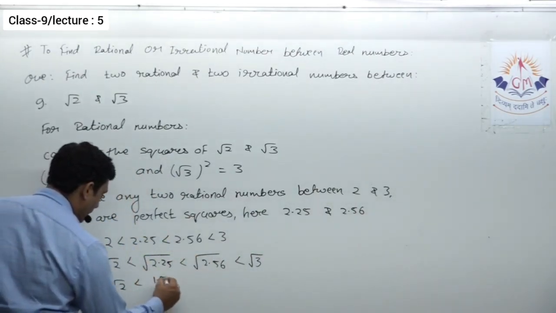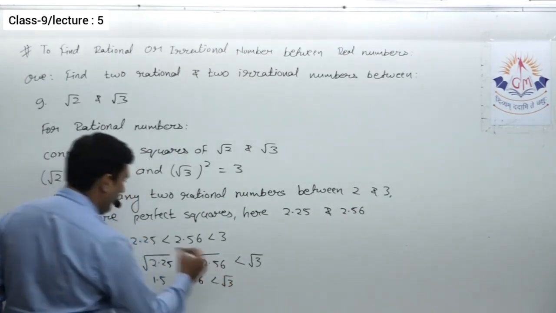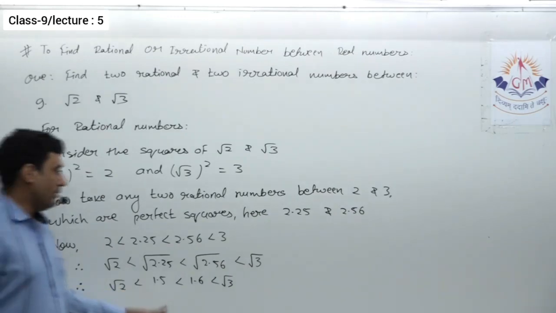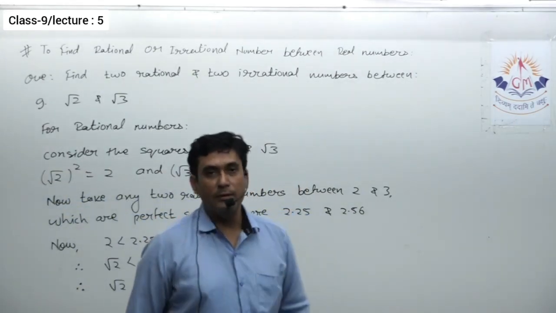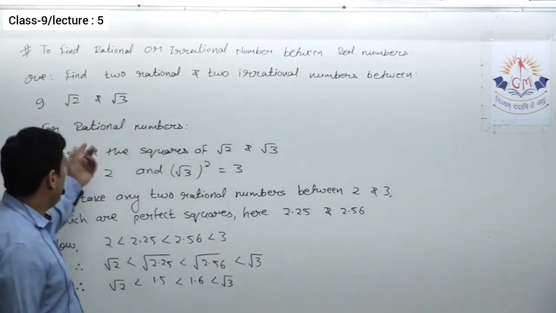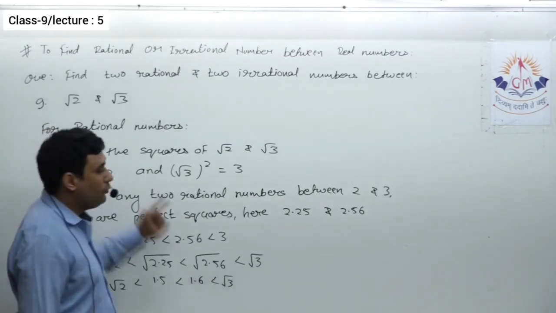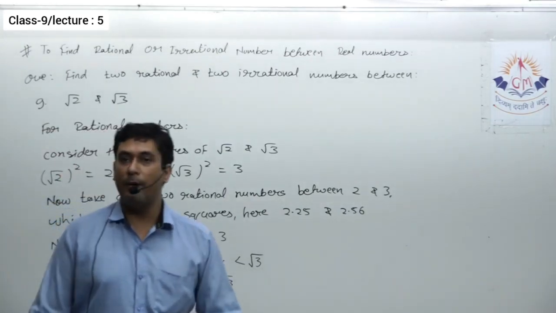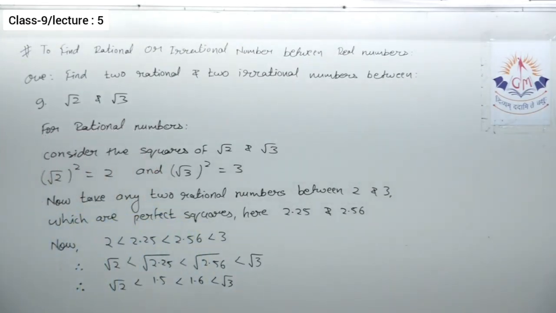This is 1.5 and this is 1.6 between root 2 and root 3. So this is the way to find the rational numbers if we have these type of numbers. And first method I already discussed, so note it down. Then we'll see how to find irrational numbers by one more method between this type of numbers.